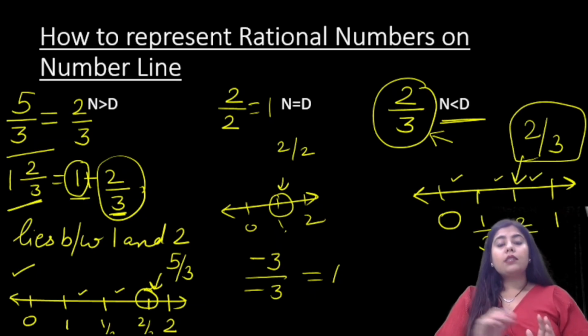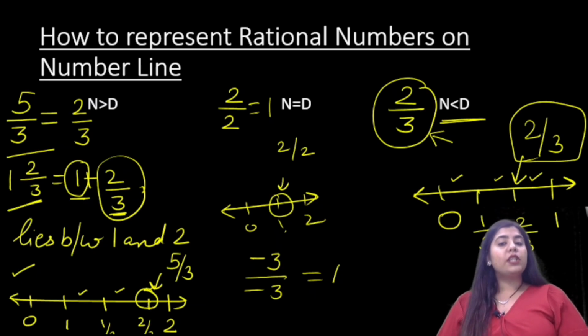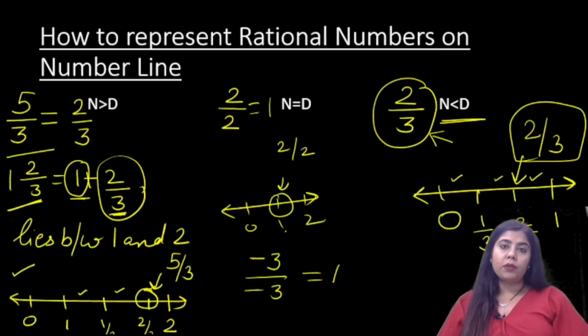Okay, this is how we can represent rational numbers on the number line. Hence, we have shown all types of rational numbers on the number line, whether the numerator is greater than the denominator, or the numerator and denominator are equal, or the numerator is less than the denominator.